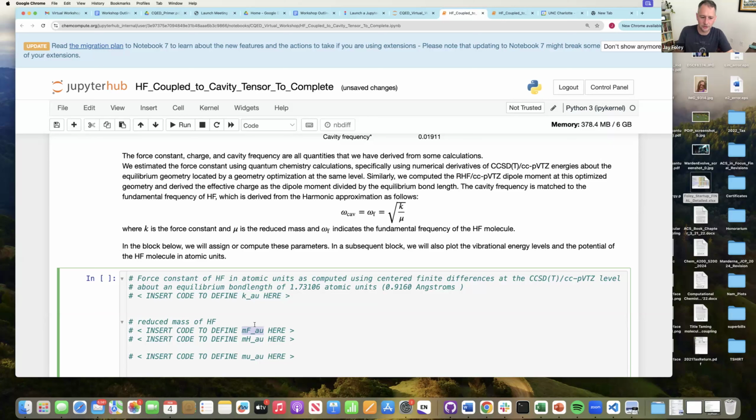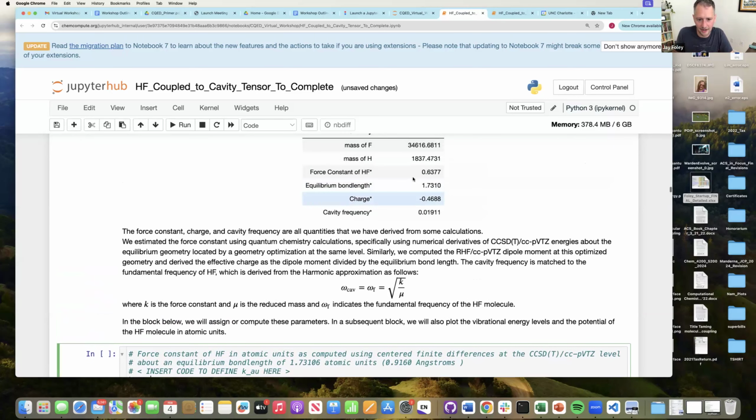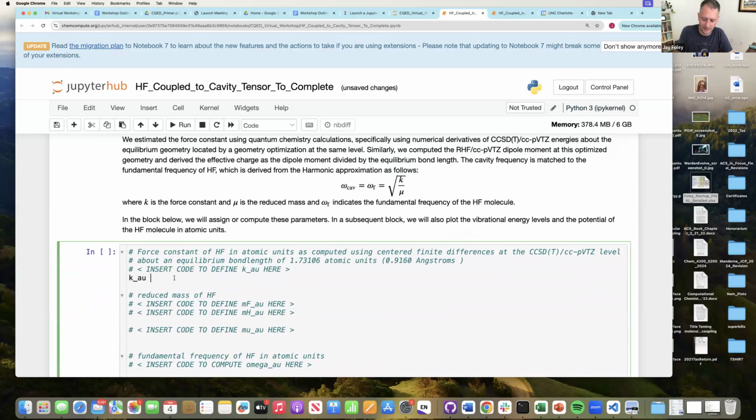So I would recommend you use the variable names that I'm using. Okay, so I'm going to define the force constant in atomic units for HF. Again, I'm just going to take this number from the table, 0.6377. You should be able to copy it and paste it.